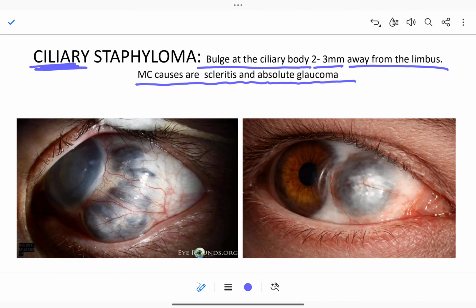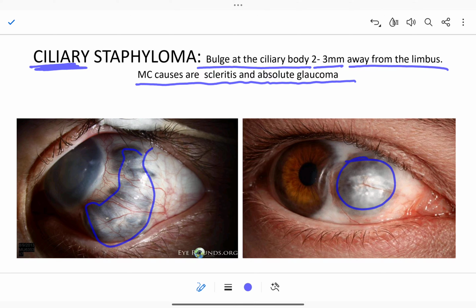Ciliary staphyloma is an outpouching or bulge of weakened sclera overlying the ciliary body, located 2 to 3 mm posterior to the limbus junction of cornea and sclera.